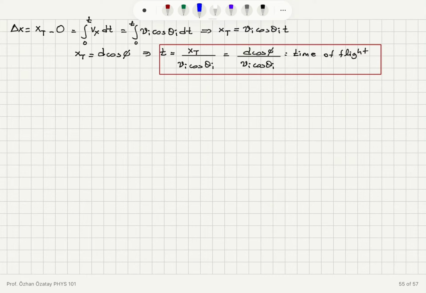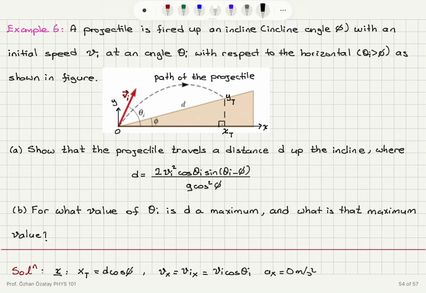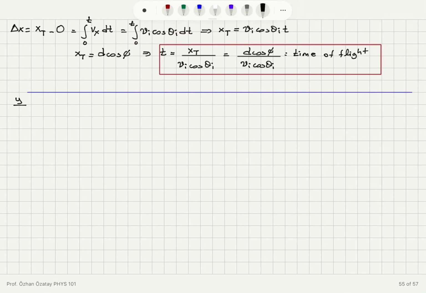Now let's take a look at the y component of this motion. On the y-axis, the final location yt is given by d sine phi.